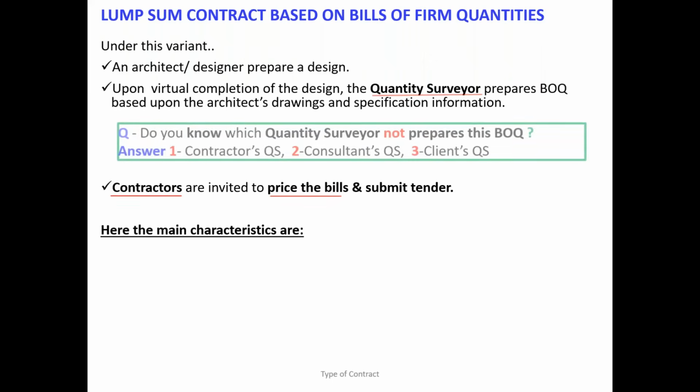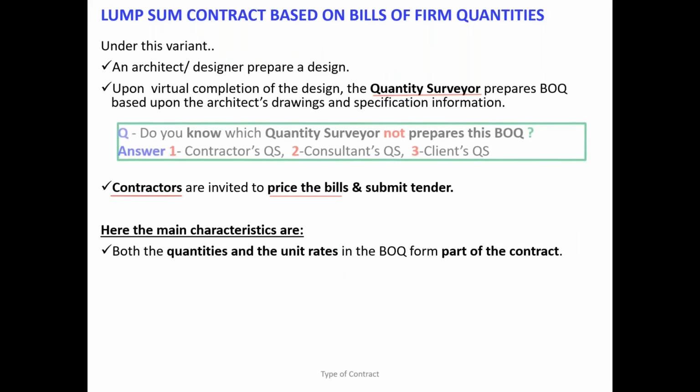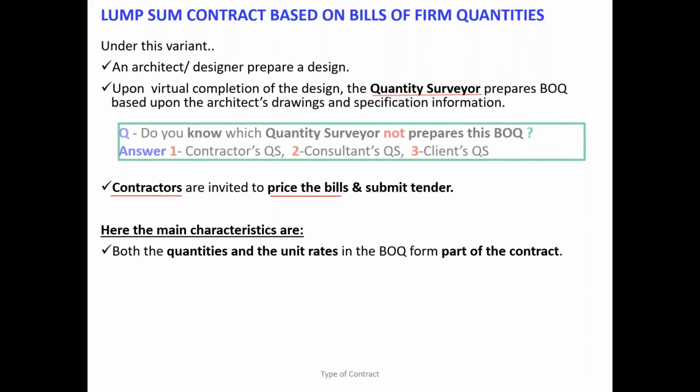So if you see here in this particular lump sum contract, the quantities and the units are already there. If any variation comes, you can use the rate to price the variation. But you have to listen very carefully: any rates in the lump sum contract are subject to challenge.